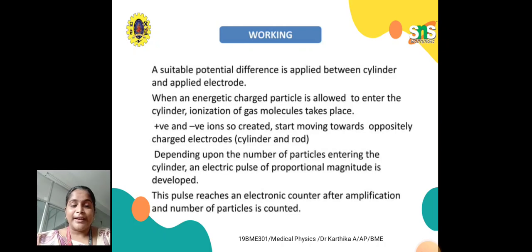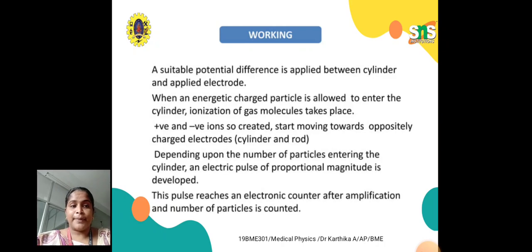Okay, and the working of the detector: a suitable potential difference is applied between the cylinder and the electrode. When an energetic charged particle enters the cylinder, ionization of gas molecules takes place. The positive and negative ions so created start moving towards the oppositely charged electrodes, cylinder and rod.